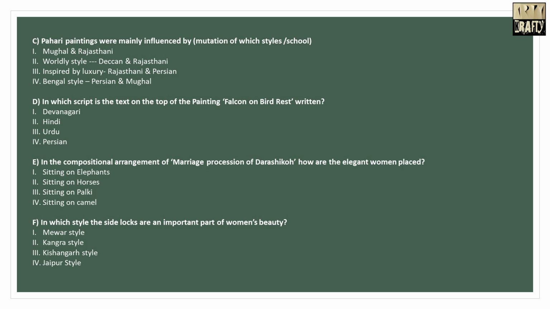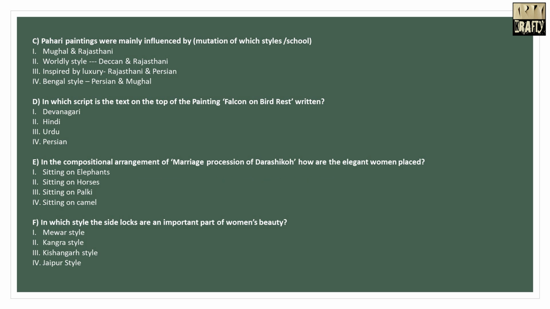In which script is the text on the top of the painting, Falcon on bird rest, written? Devanagari. In the compositional arrangement of marriage procession of Darashiko, how are the elegant women placed? Sitting on elephants.